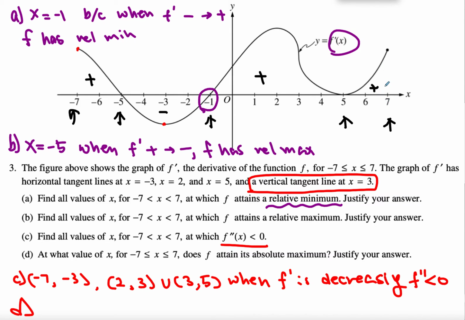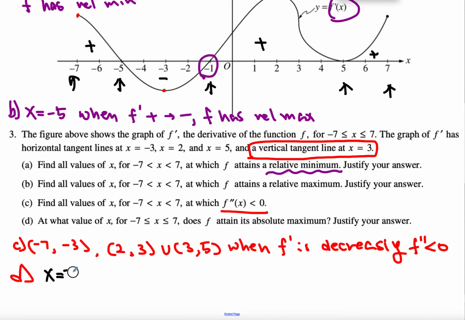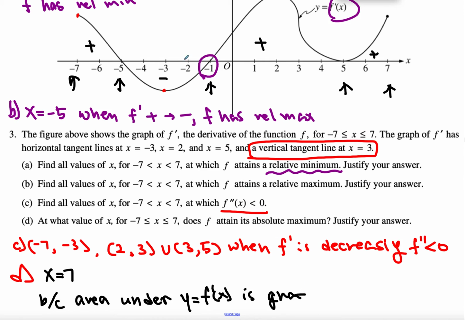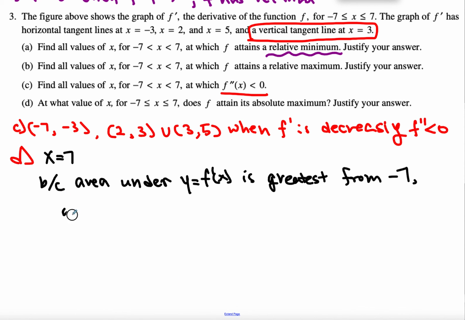Therefore, when x equals 7, that's when you're going to have the absolute maximum, because the area under f prime of x is greatest from -7 to 7.